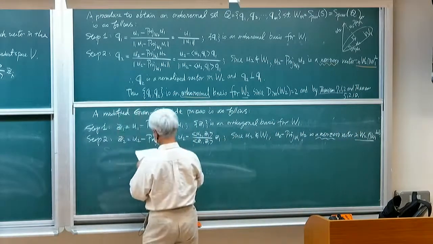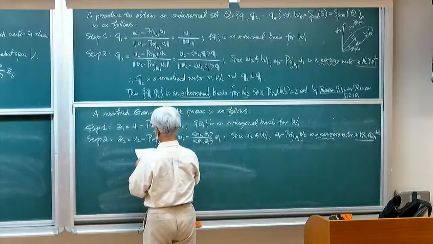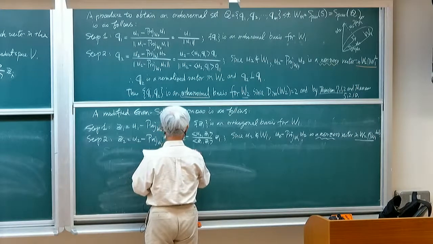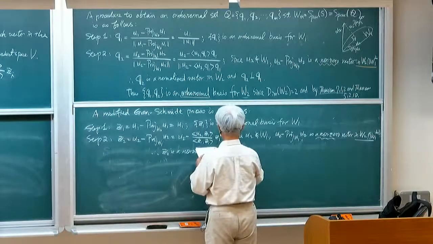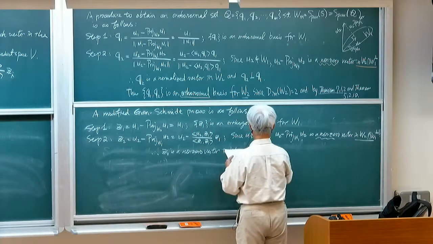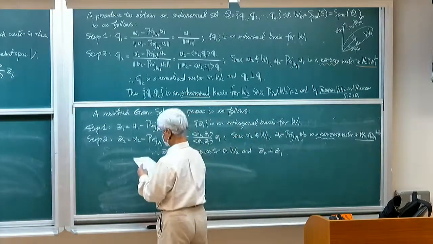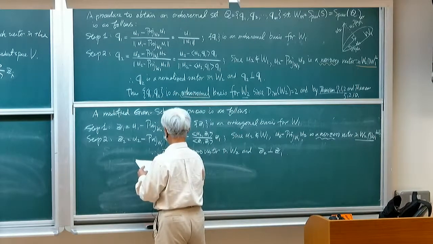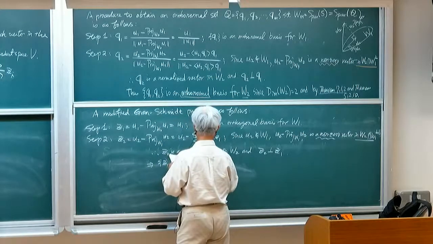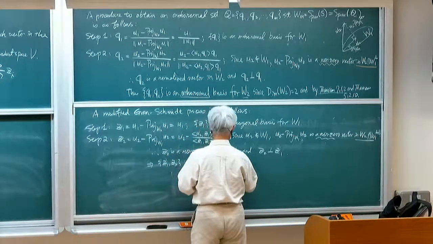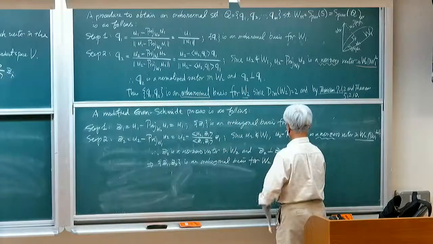All right, so Z2 is a non-zero vector in W2, and Z2 is orthogonal to Z1. So this implies that Z1, Z2 is an orthogonal basis for W2.